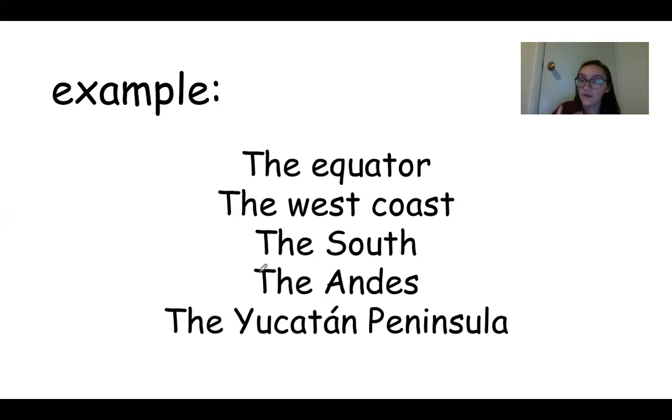So for example, you would say, I'm used to living by equator. That wouldn't be correct in English. You would need to say, I am used to living by the equator, right? The equator. When we say, my family lives West Coast, it doesn't work. You got to say, my family lives on the West Coast.